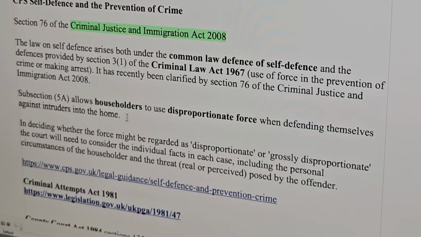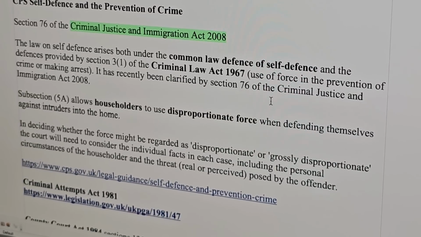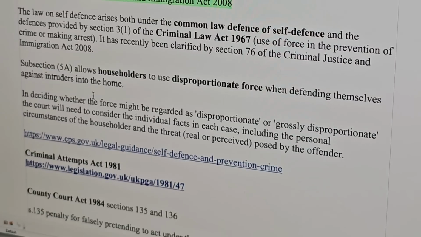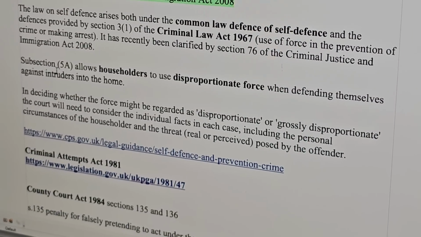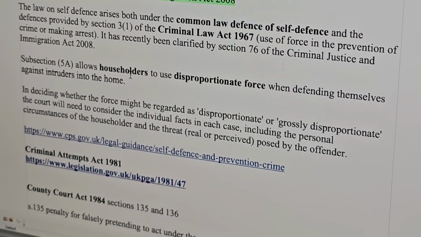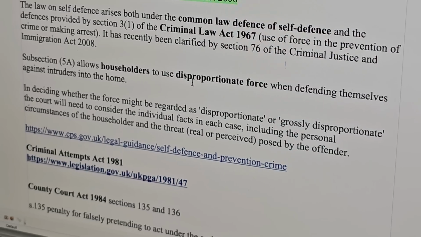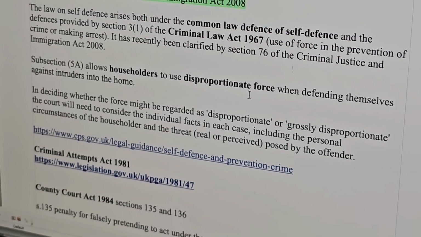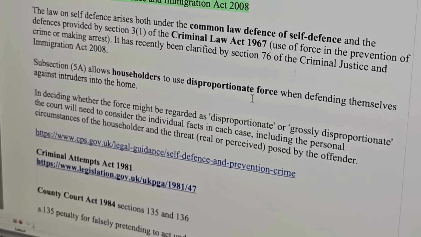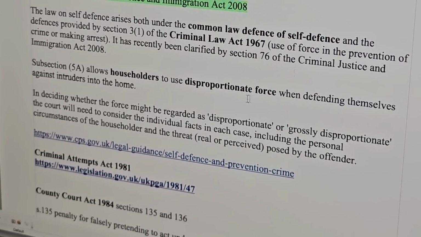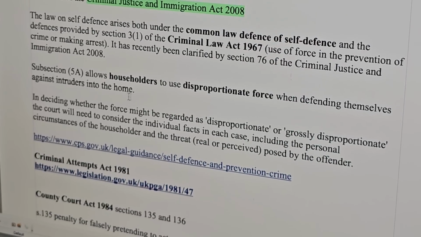It's recently been clarified by Section 76 of the Criminal Justice and Immigration Act 2008. Subsection 5A allows householders to use disproportionate force when defending themselves. Disproportionate means more than normal force, against intruders into their home.